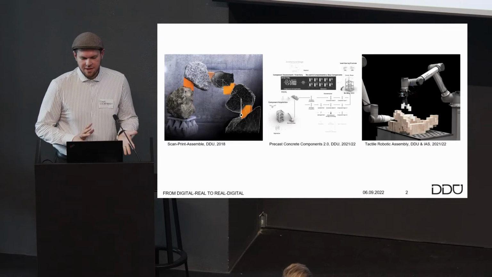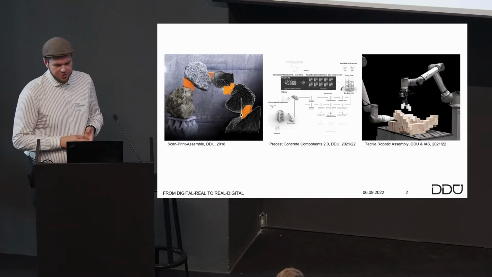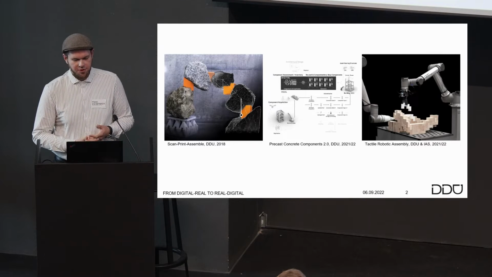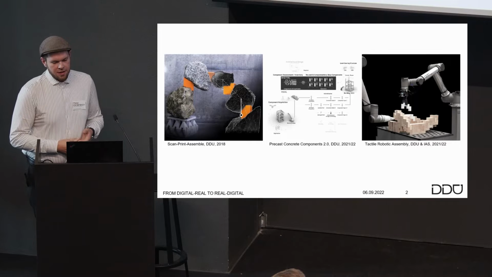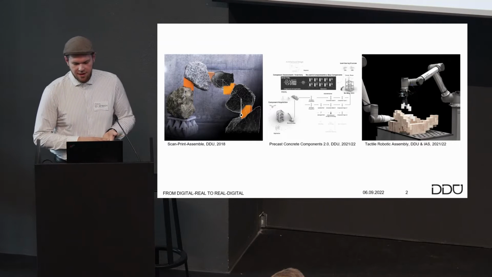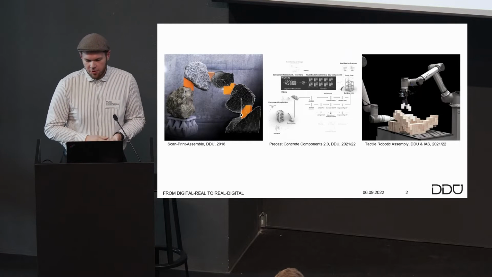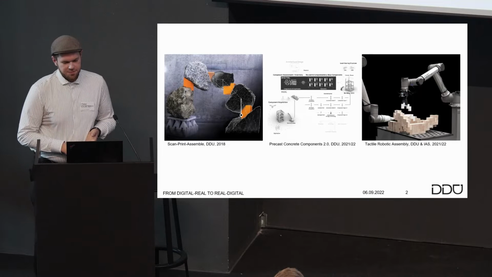So within several related research trajectories, we develop computer-aided design methods and tools that are appropriate to the different materials and technologies. And currently, a big focus lies on the topic that I want to speak about here today, which is challenging or even flipping the order of conventional process chains.